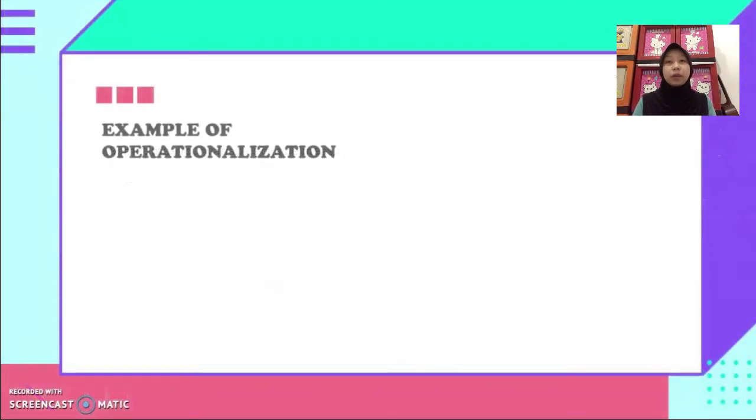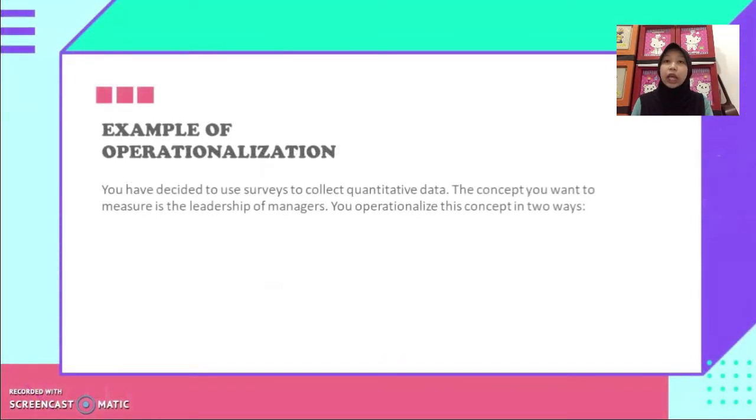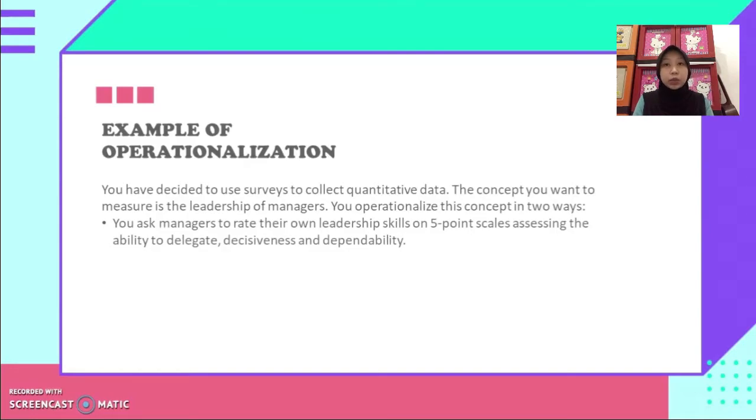Example of operationalization. You can decide to use surveys to collect quantitative data. The concept you want to measure is the leadership of managers. You operationalize this concept in two ways. First, you ask managers to rate their own leadership skills on 5-point scales assessing the ability to delegate, decisiveness, and dependability.